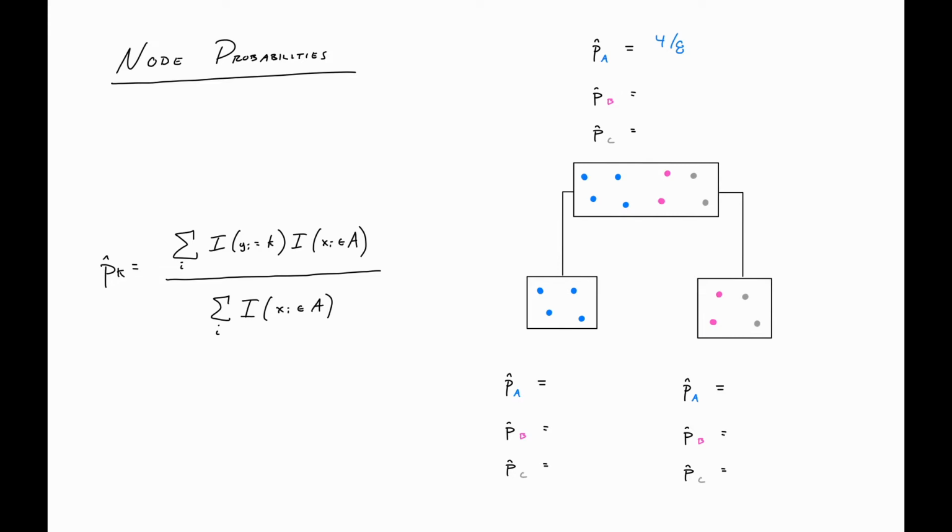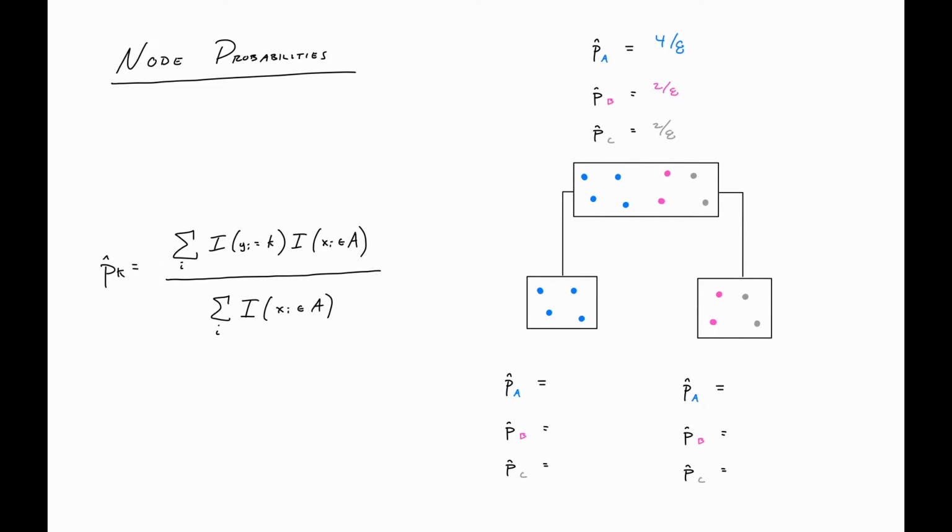So we'd say there's a 4/8 or 1/2 probability that an observation in that partition would be blue. And I think it would be 2/8 for pink and 2/8 for gray. No surprise there, right? The math on the left here says how I'm doing this, where A is some arbitrary area or partition, whatever you want to call it. But I think it's pretty easy to see what's going on here, and the math probably just makes it harder.